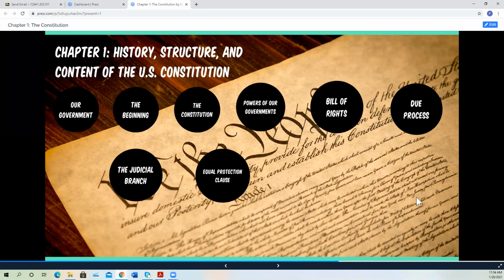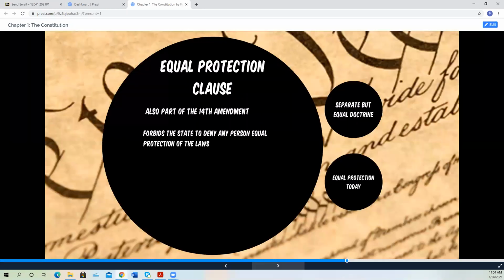Now, under the 14th Amendment, we also have the Equal Protection Clause. And the 14th Amendment is a very important amendment. A, because it now said that the Bill of Rights applied to the states, but it also provides due process and it also provides what we call the Equal Protection Clause.